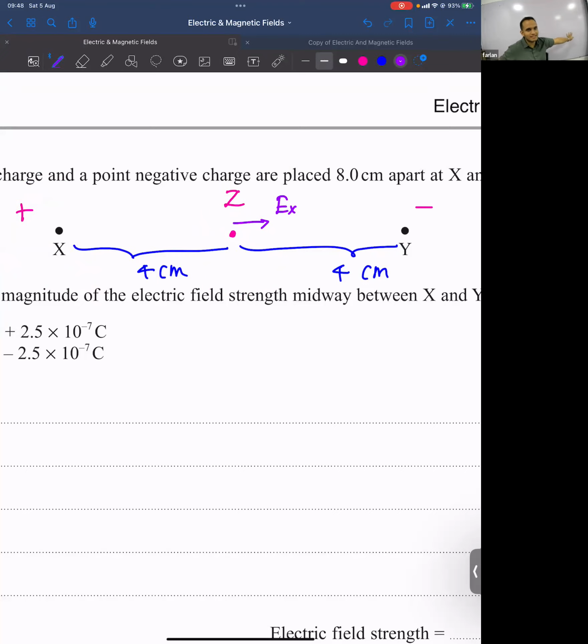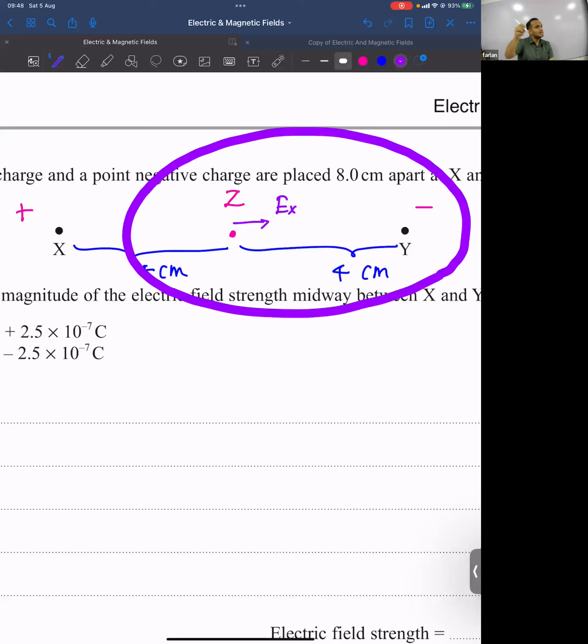Now forget about the charge X. Due to the charge Y, what is the direction of the electric field strength? Right or left? That is also to the right, Ey. Because Y is a negative charge.